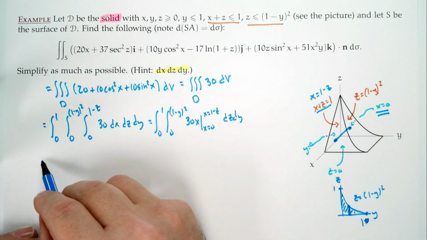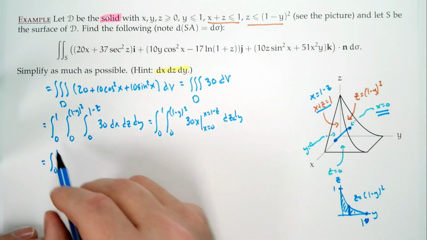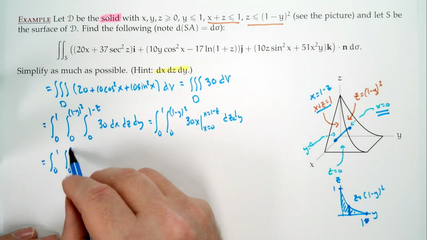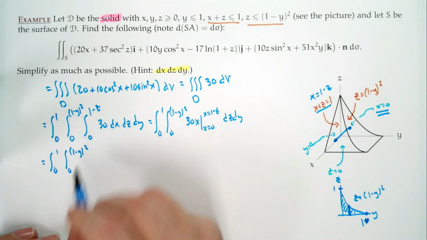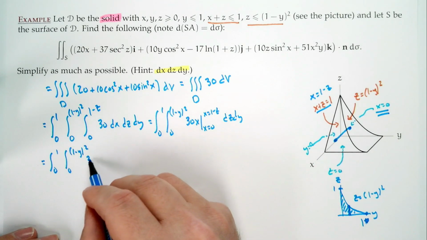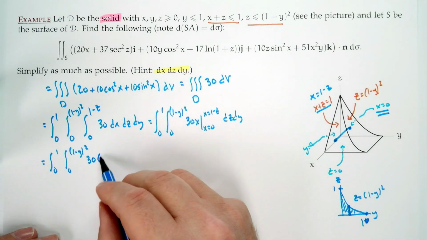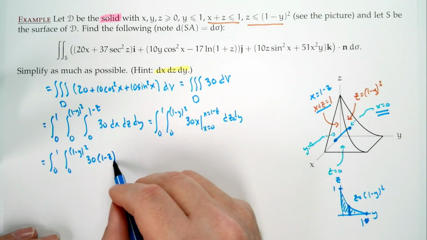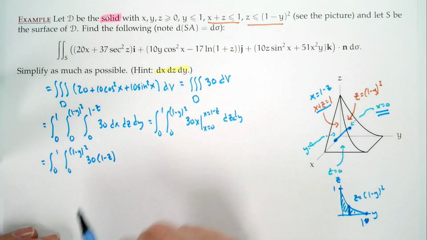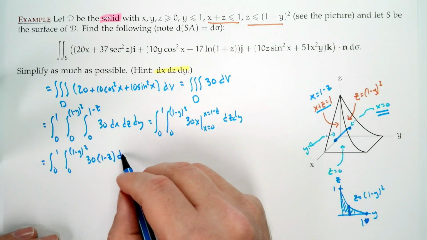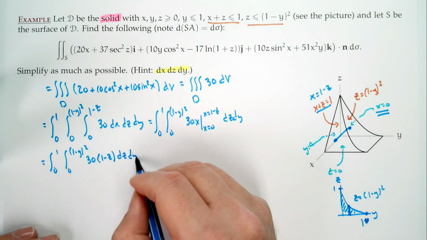Okay, so this is integral 0 to 1, integral 0 to 1 minus y squared of 30 times 1 minus z. Okay, all right, sure, we can do that. dz dy.